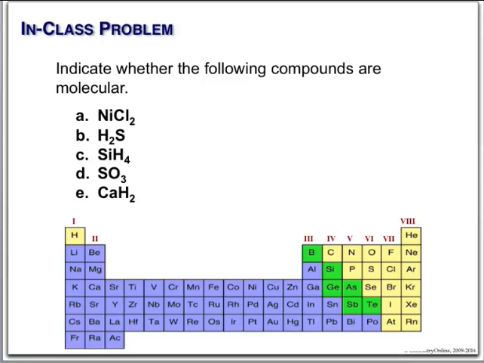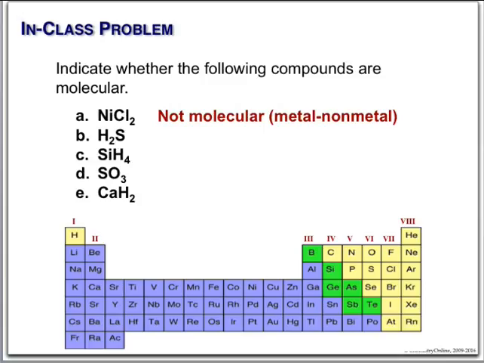Nickel chloride. Look at your periodic table, say, where the heck is nickel? Well, nickel's right there. It's a transition metal. If it's a metal, is it ionic or covalent? Well, it is not a molecular compound.